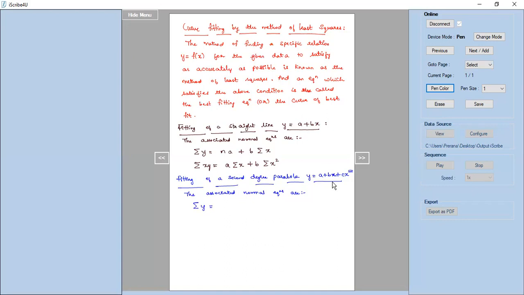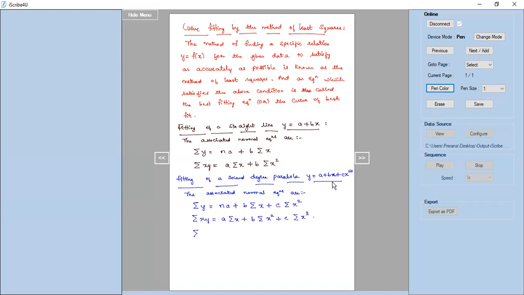So first equation will give us sigma y is equal to na plus b into sigma x plus c into sigma x square. Second equation, sigma xy is equal to a into sigma x plus b into sigma x square plus c into sigma x cube.